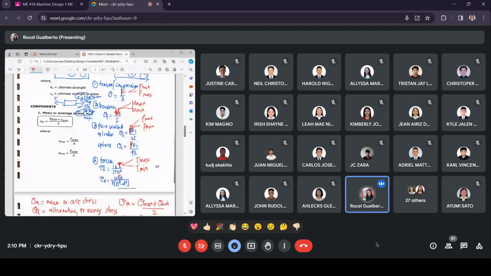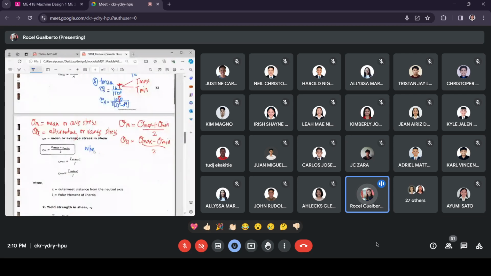So what would be the value of your sigma maximum and sigma minimum? Kung yan po ay tension or say compression, the equation natin is sigma equal to force over area. If I want to obtain sigma maximum, then what is sigma maximum?